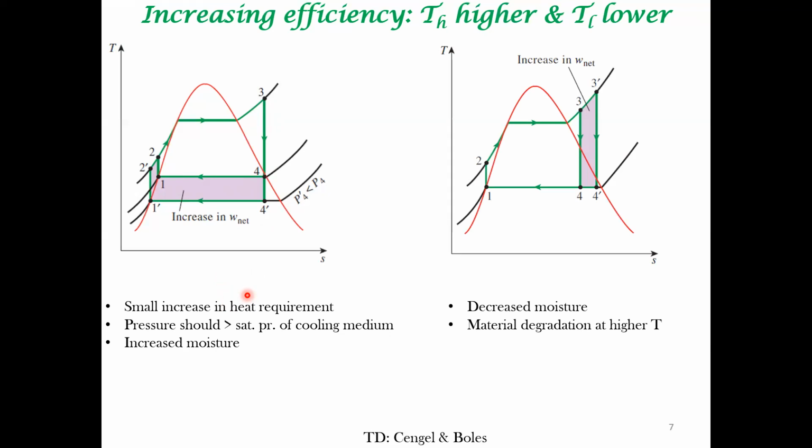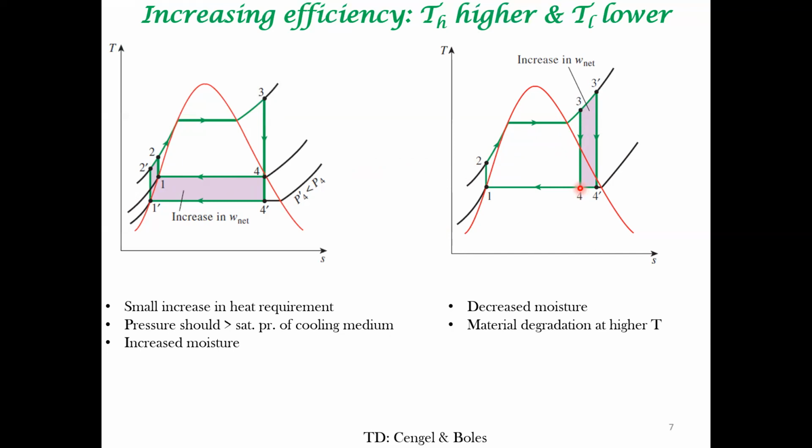Then there is this other approach of increasing the temperature, right? So you are heating it to an even higher temperature. It has certain advantages. So if you have heated to this point, you do an isentropic process and reach this point.